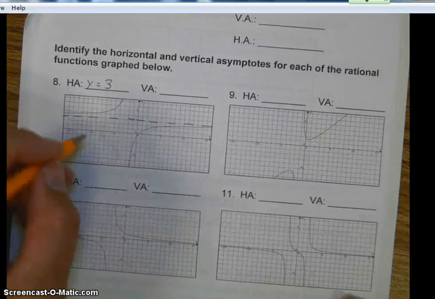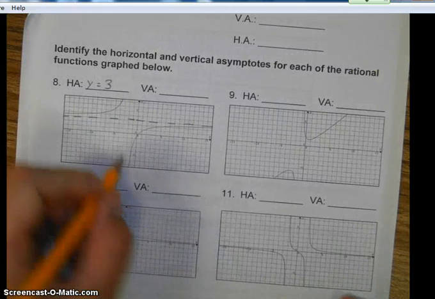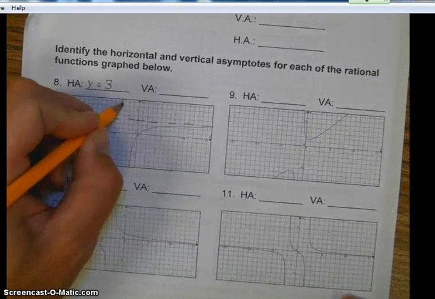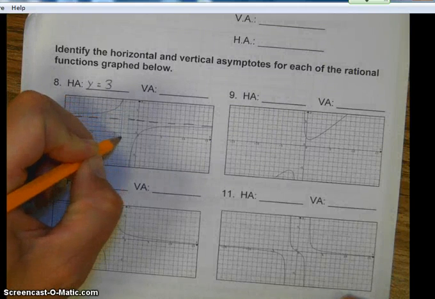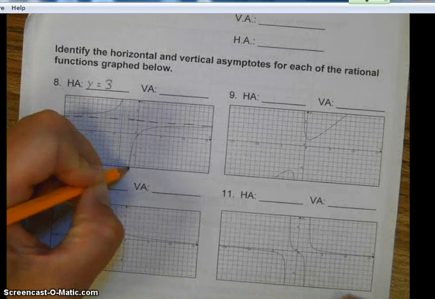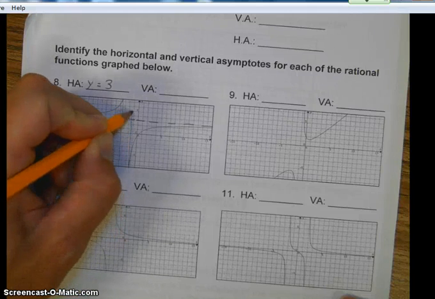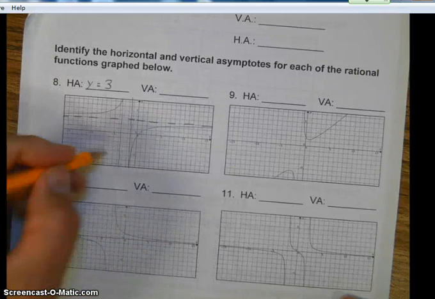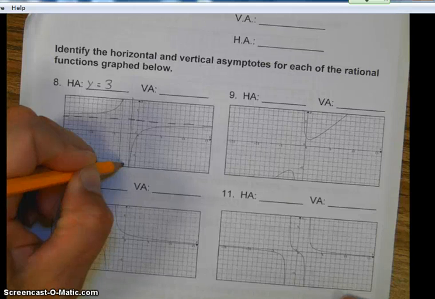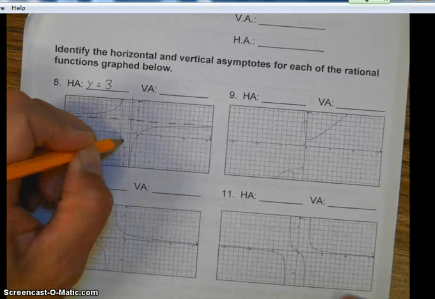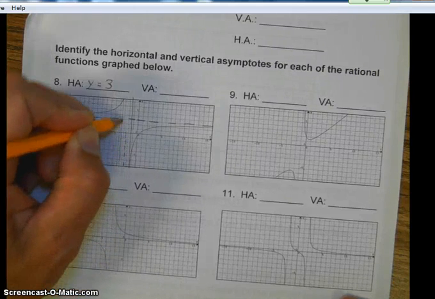Kind of difficult here. I'm going to go ahead and draw this in. I want to go directly in the middle of these two. So it looks like this vertical asymptote is going to be in the middle.